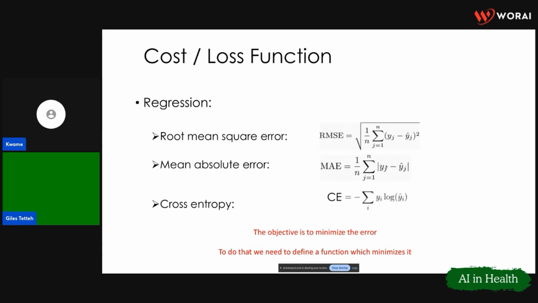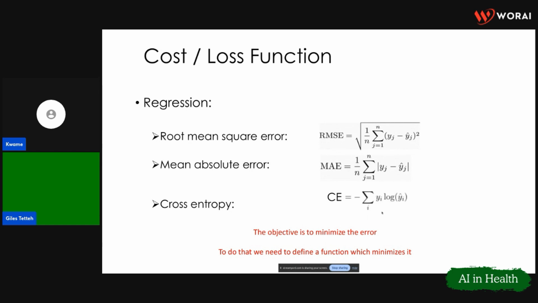So the aim is that when our prediction is perfect, this would be equal to 0, and the whole of this goes to 0. However, the prediction would not be perfect, so the aim is to minimize the error as much as possible, and that is what the learning process is really about.